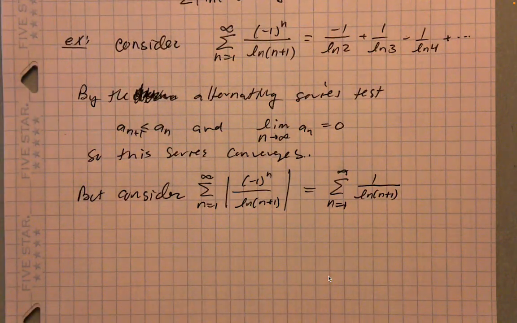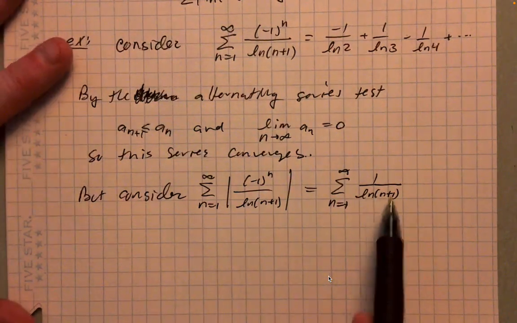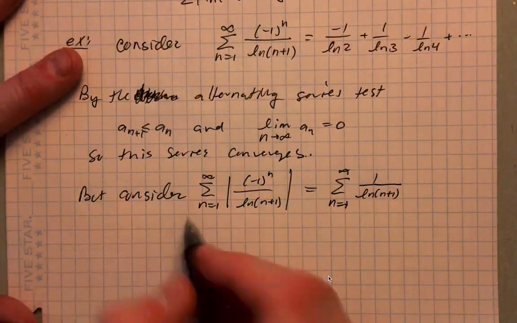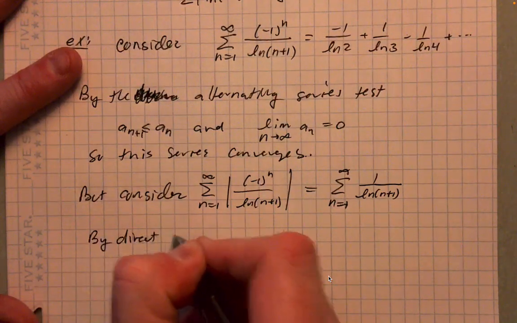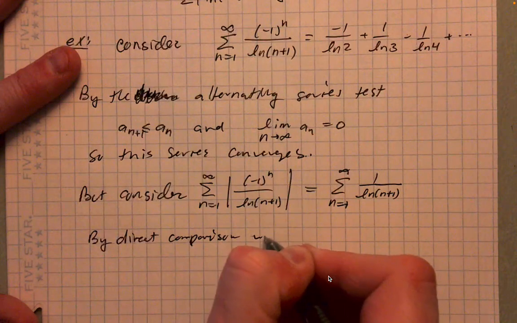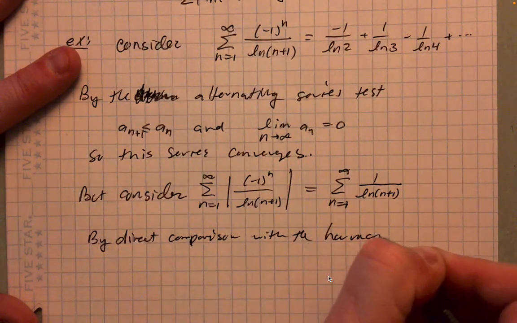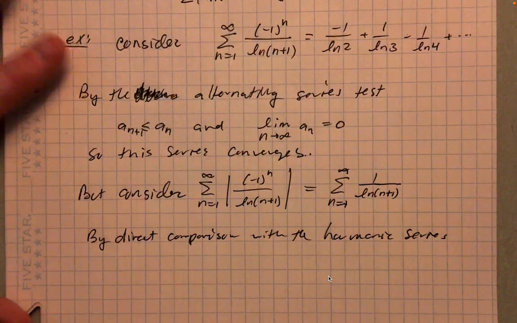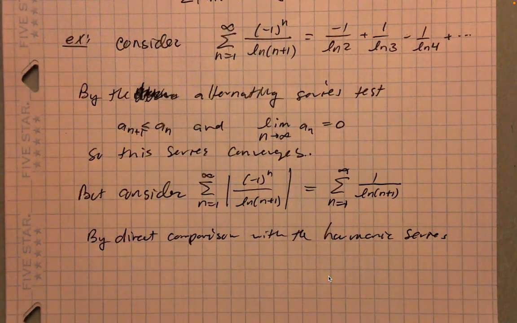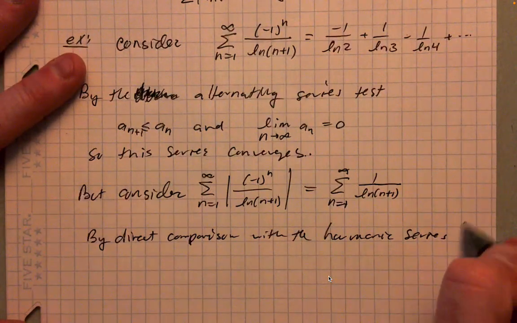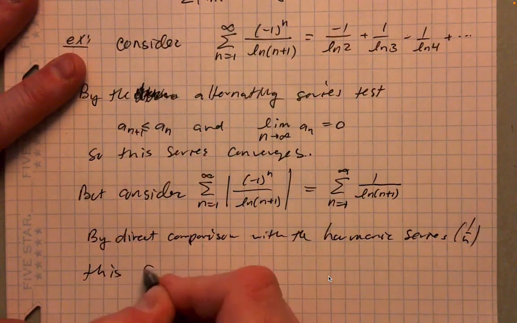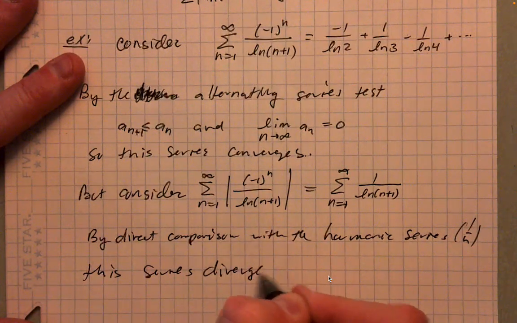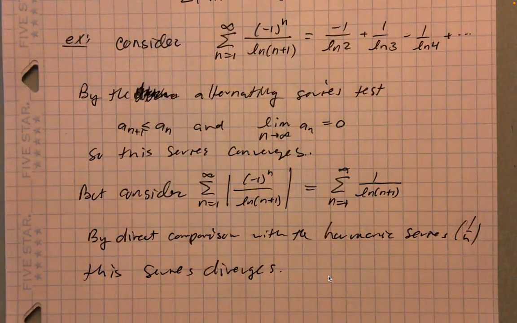By direct comparison, we could compare this with the harmonic series, 1 over n, which I think would work. And we would see that this series diverges.